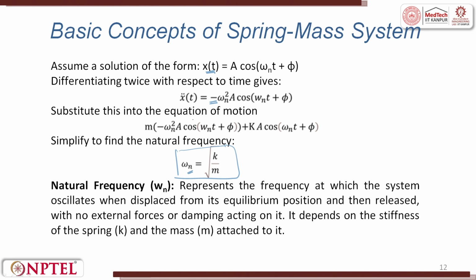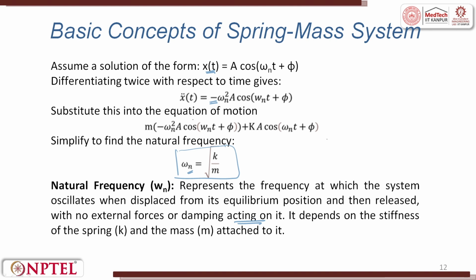The natural frequency omega represents the frequency at which the system oscillates when displaced from its equilibrium position and then released, when no external forces or damping act on it. It depends on the stiffness of the spring and the mass attached to it.